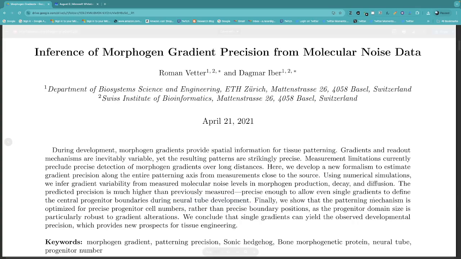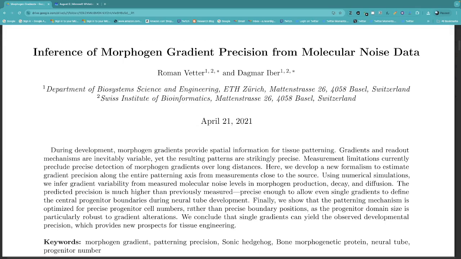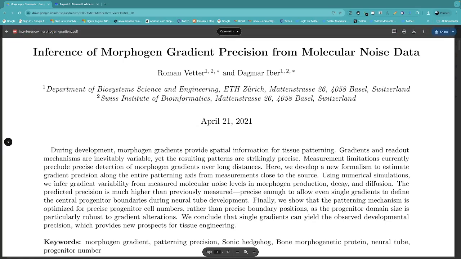Finally, we show that the patterning mechanism is optimized for precise progenitor cell numbers rather than precise boundary positions. So when we estimate these, we can estimate these for cell numbers or for boundary positions. Both are spatial in nature, but cell numbers are less explicitly spatial, meaning that maybe our positional information is more about the number of cells in an array rather than a coordinate system.